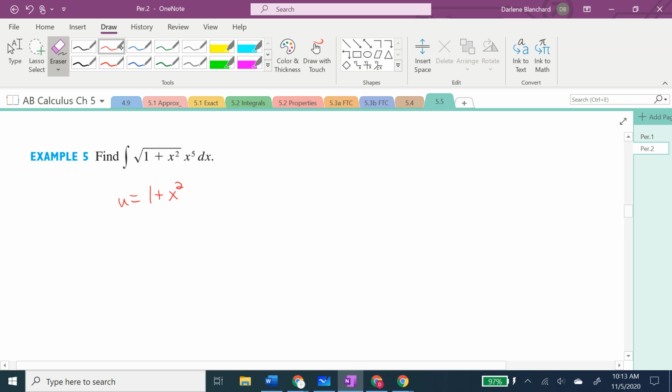Then I take the derivative of u with respect to x, and that is 2x. I'm going to multiply the dx to the right, divide the 2x to the other side, and I'm going to see what happens when I replace what I chose to be u with a u and substitute dx in.